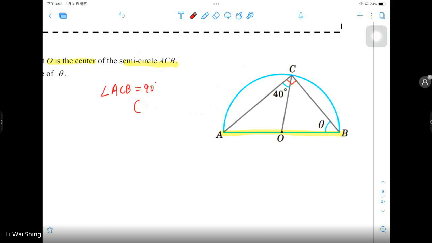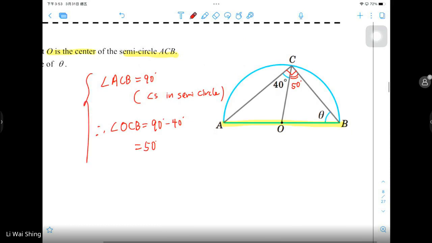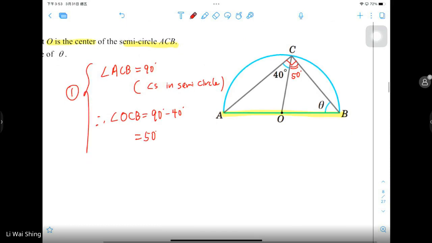By using the angle in semicircle. Therefore, angle OCB equals to 90 degree minus 40 degree, which is equal to 50 degree. The one below is 50 degree. The first part is finished. What other information is there? Yes.